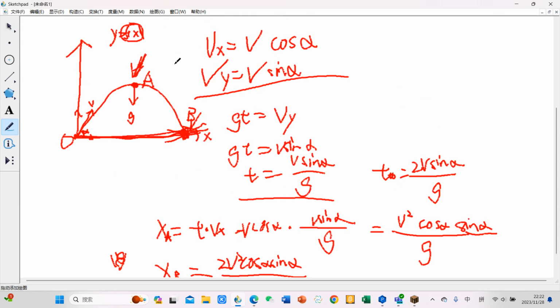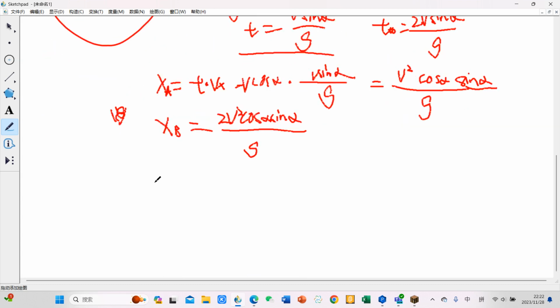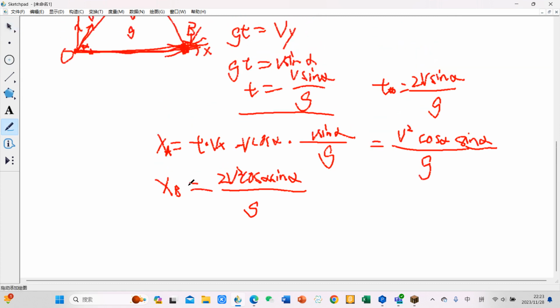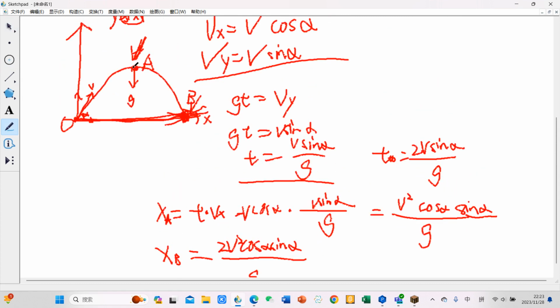So we can have f(x) as y equals some k times x times (x minus 2 v squared cosine alpha sine alpha over g). Okay, so now we're going to solve for the k.